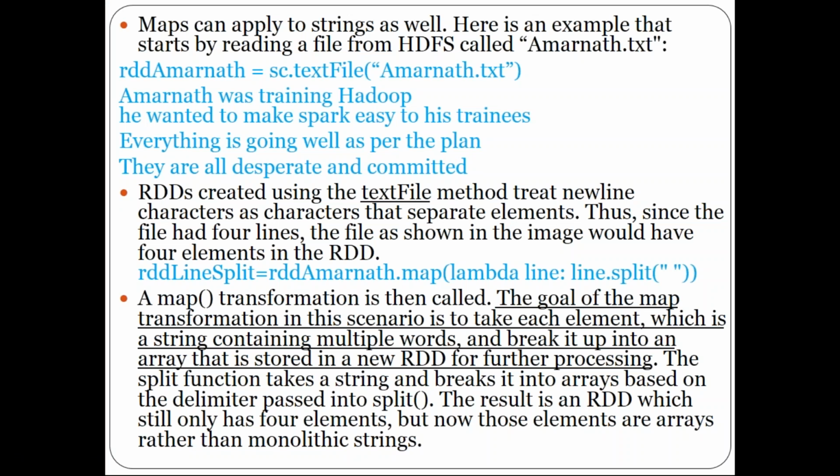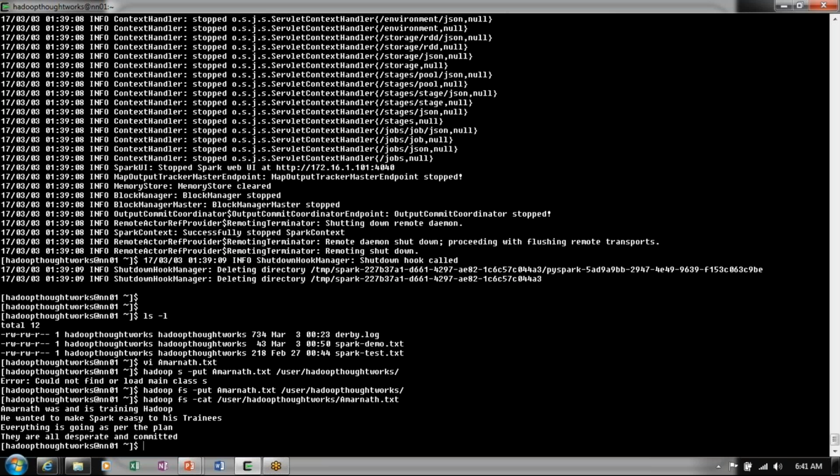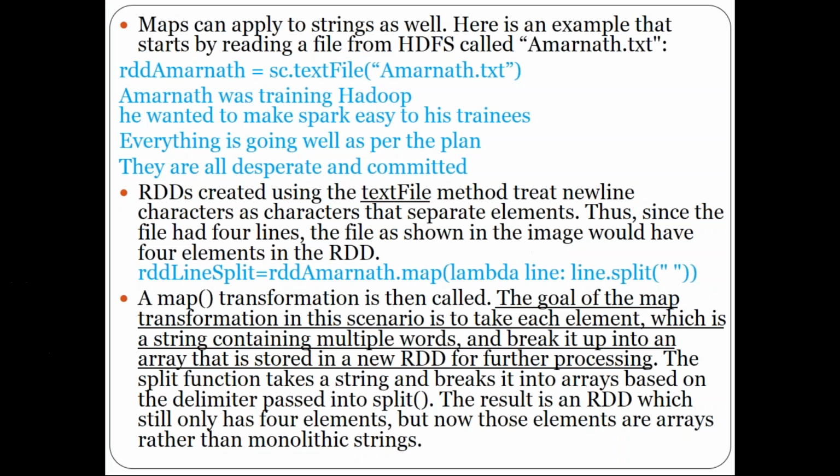Now, with these lines, what you need to understand is we'll read this file as a text file. We use an API called sc.textFile. I have shown you that very clearly. RDDs created using the textFile method treat new line characters as characters that separate the elements. In this case, as you have 4 lines, your 4 lines will be used as 4 elements. I repeat that, everyone please focus.